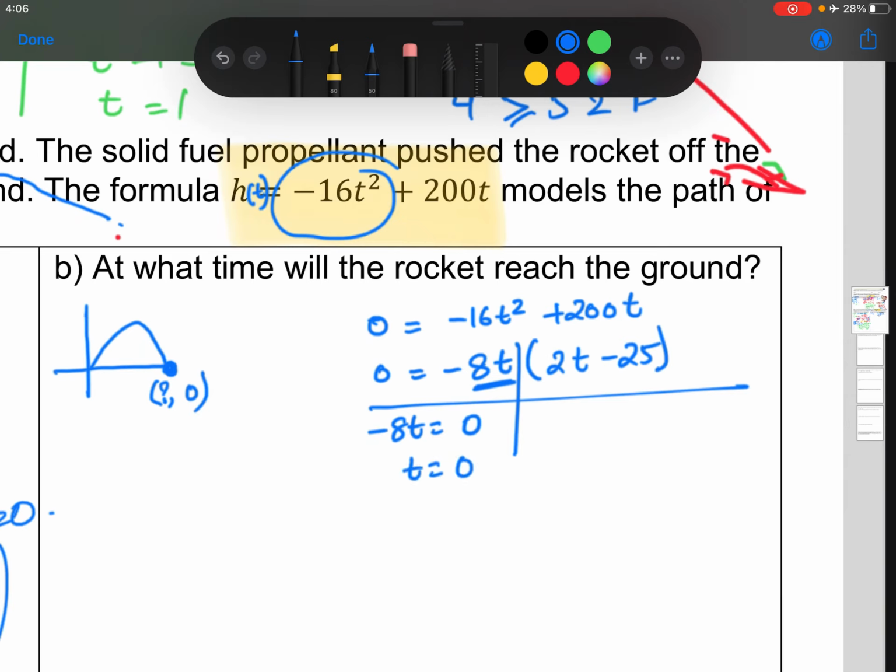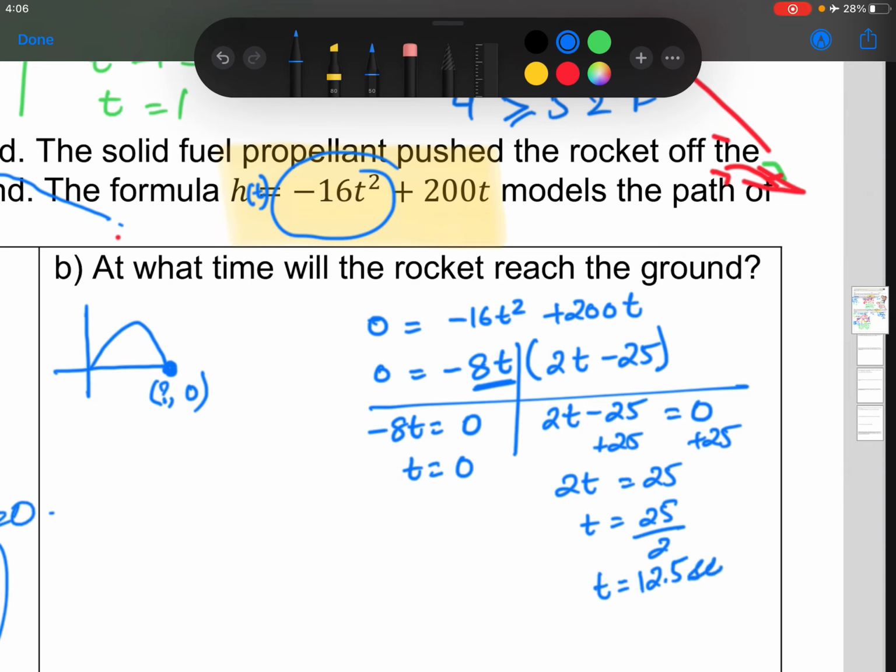That's why t is equal to 0. And if I do this, 2t minus 25 equals 0, add 25, I get 2t equals 25, t is equal to 25 over 2, which is 12.5 seconds.